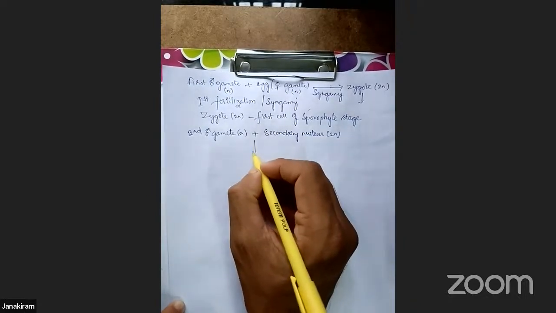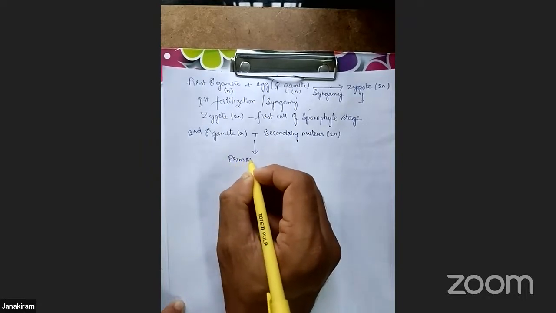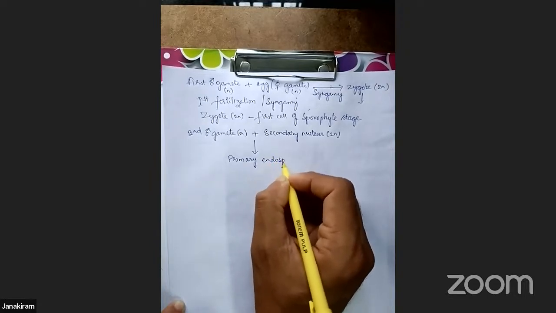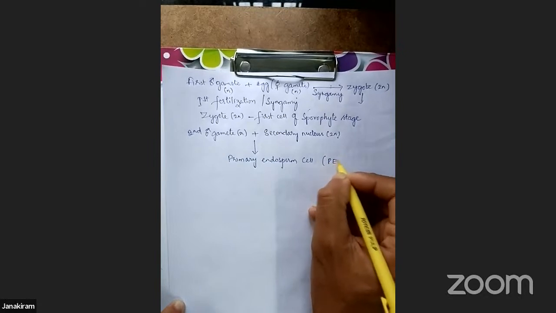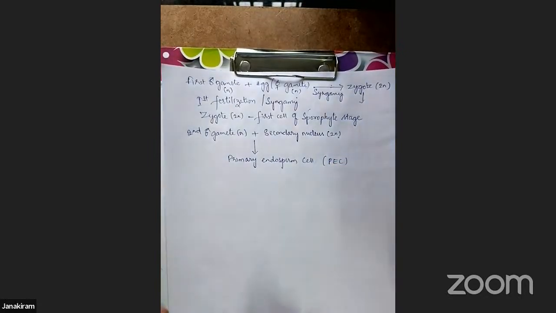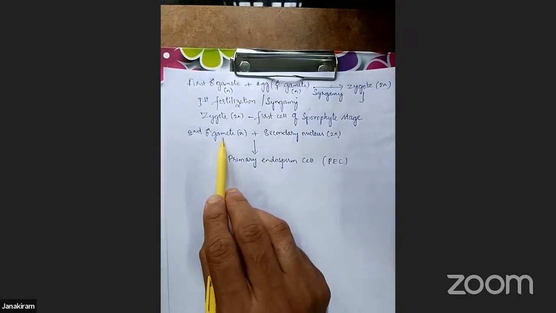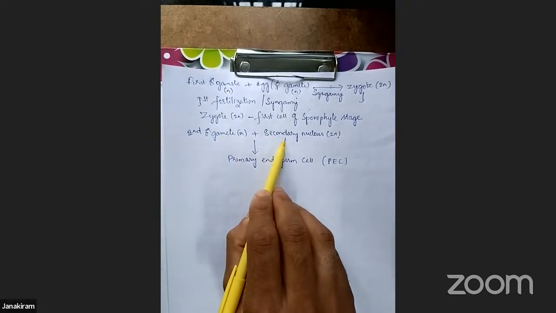And this results in a structure called the primary endosperm cell, or otherwise the primary endosperm nucleus. Here, 3 sets of chromosomes are fused: 1 set from the male gametophyte and 2 sets from the female gametophyte.